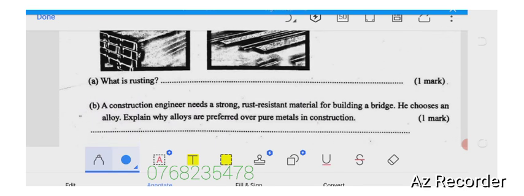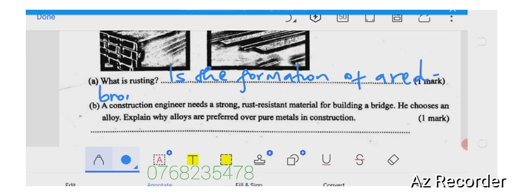Rusting is the formation of a red-brown coating on the surface of iron or steel.